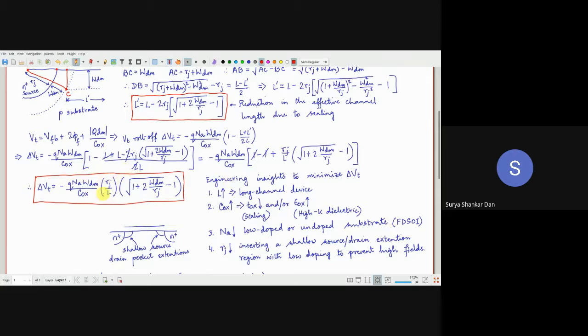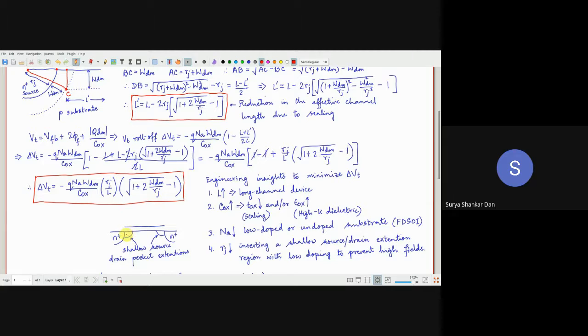So this is RJ by capital L. What we can do is, notice that you cannot directly decrease RJ. RJ is basically part of the source region, right? So we will introduce shallow source and drain pocket extensions, this region here, and the doping will be very, very low.